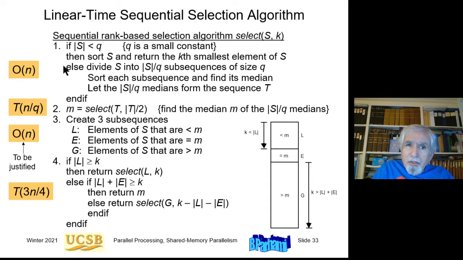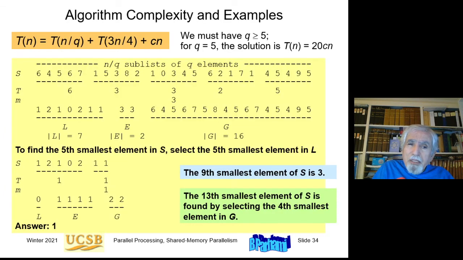This one, so if the running time of the algorithm is T of n, this will be T of n over Q because we are applying it to a list of size n over Q. This is T of 3n over 4 because I mentioned that the larger of these two lists is at worst of size 3n over 4. And this part I have to justify why I wrote O of n. But let's assume that it's O of n. With that assumption, this is the recurrence.